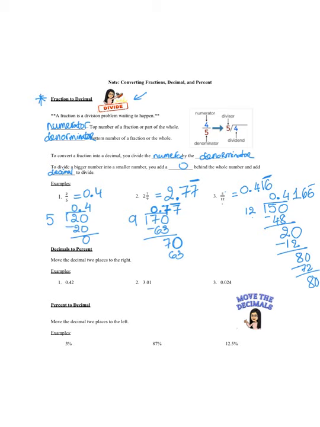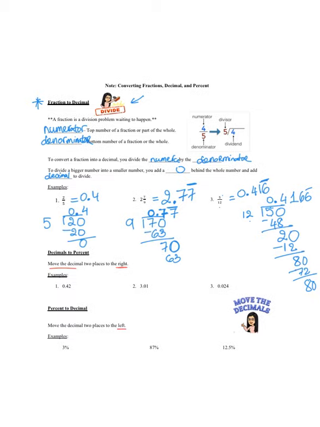Next, you will learn how to convert decimal to percent. Move the decimal 2 places to the right. For percent to decimal, you're going to move it to the left. So which one turns right and which one turns left? Think about this.